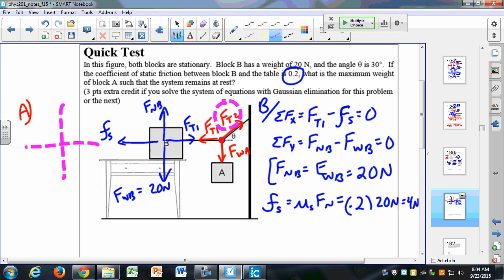Then we do our sum of the forces in the x direction and our sum of the forces in the y direction, and you'll get a similar set of equations. So let's go ahead and do that. Just resolve your vectors onto the x and y components, because you have that Ft2, and then apply Newton's second law to block A.